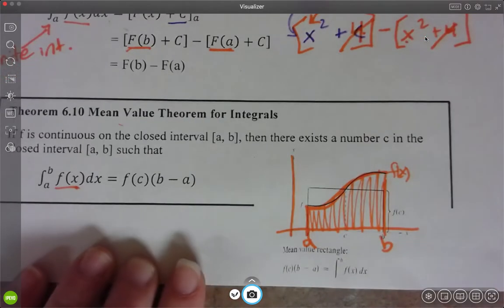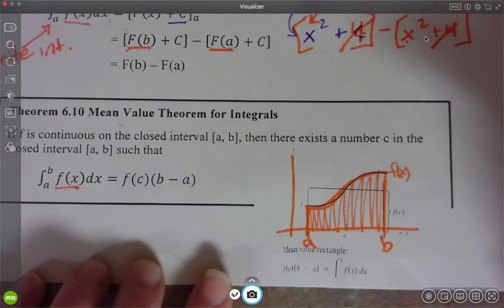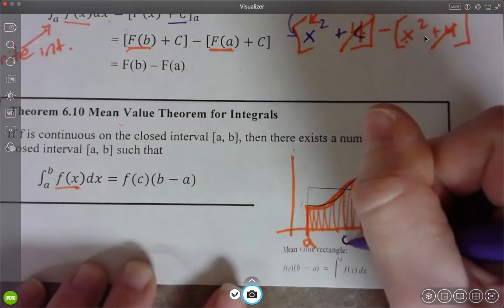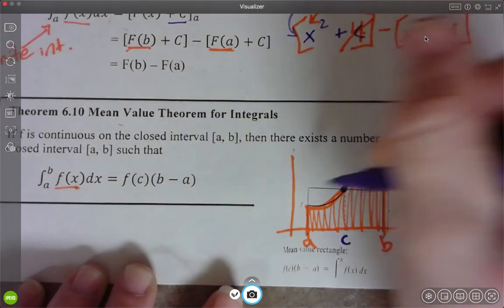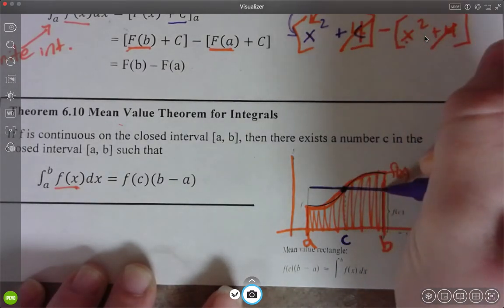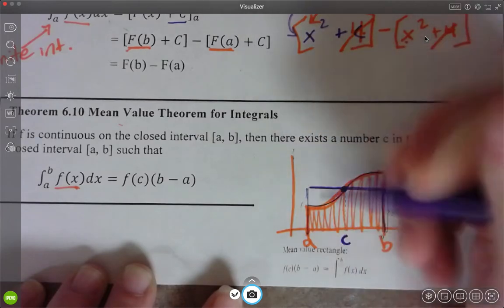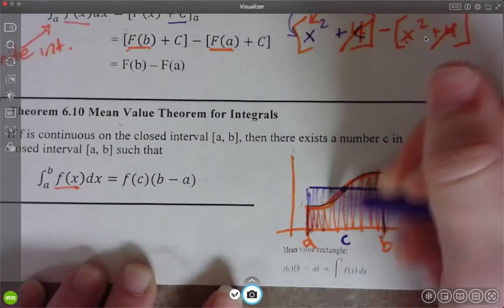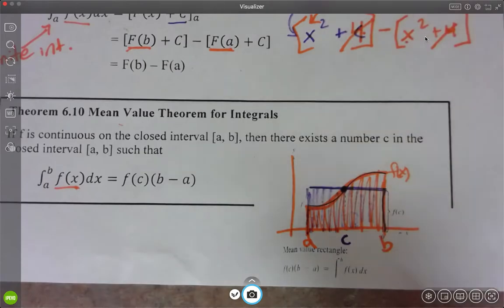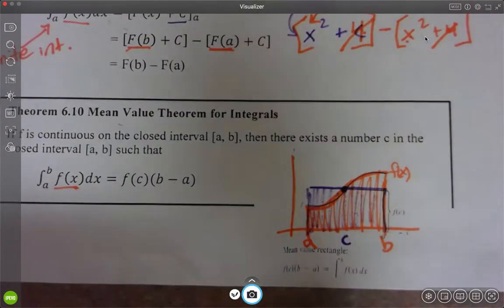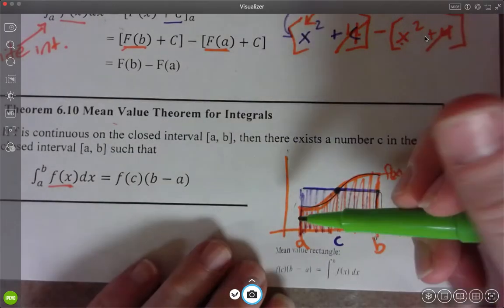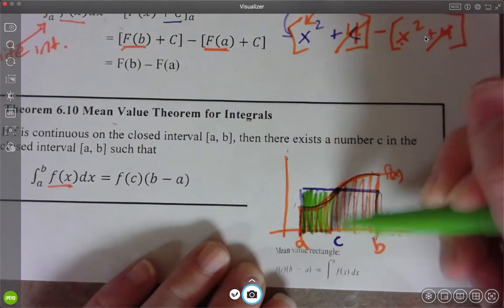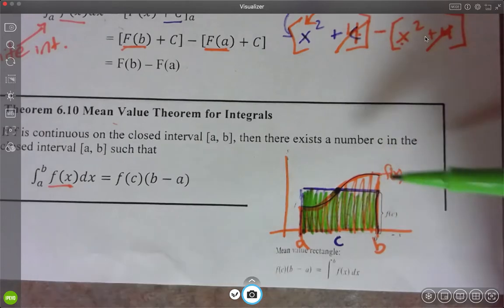What they're saying with the mean value theorem is that there exists a c somewhere between a and b, so that when I go up to c, I can basically make a box, and the area underneath this box will be the same as the area underneath that curve.